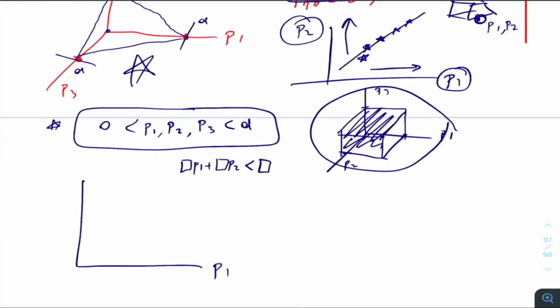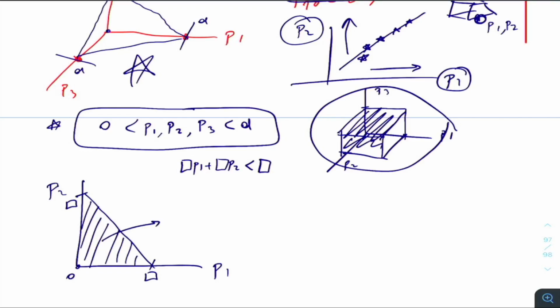You have P1 and P2, and your area of interest is this area, and 0. Let's not care so much about the specific values; let's consider the boxes as some given coefficient. How would you describe that area?